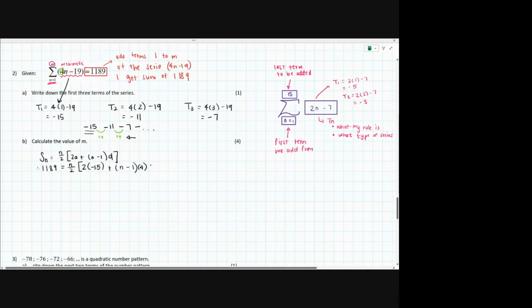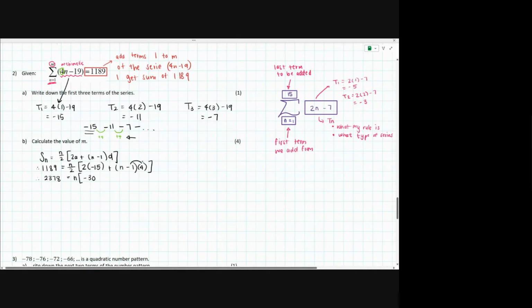Now, we've actually done a question like this because Lorato asked this earlier, in terms of solving for n. So again, the first thing I always do is I get rid of this 2, so I times both sides by 2, and that gives me 2,378 is equal to n times 2 times negative 15, which is negative 30.